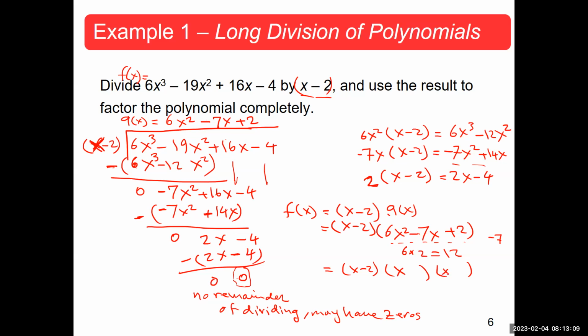We put x here, and because we have 6 here, I have to put 6 in here. Don't forget that 6. Those numbers seem like negative 4 and negative 3.